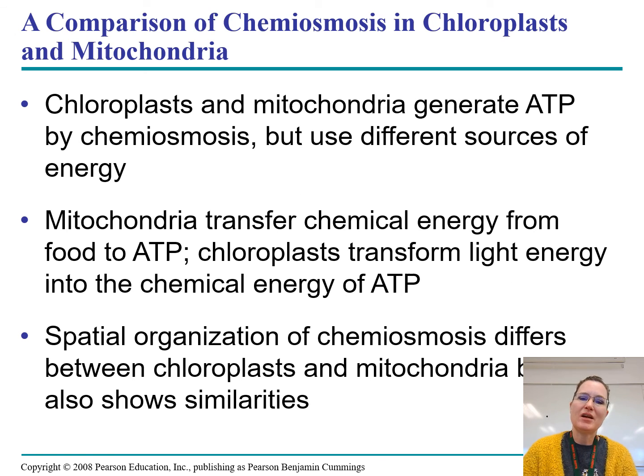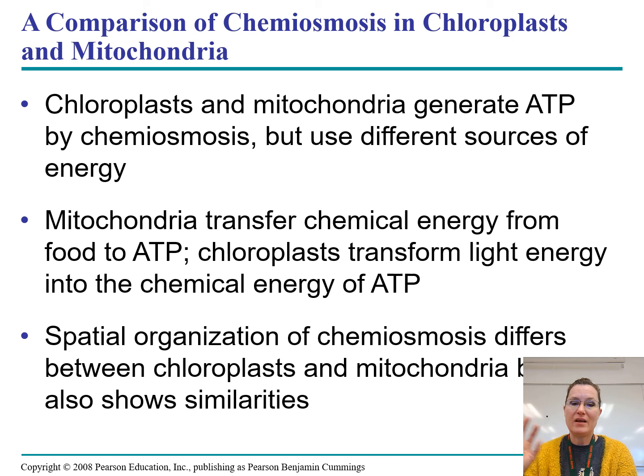And then this is talking about how chloroplasts and mitochondria compare. They're sort of opposite processes. One we take light and we turn it into chemical. The other one we take chemical and we turn it into energy, ATP, that we can use.